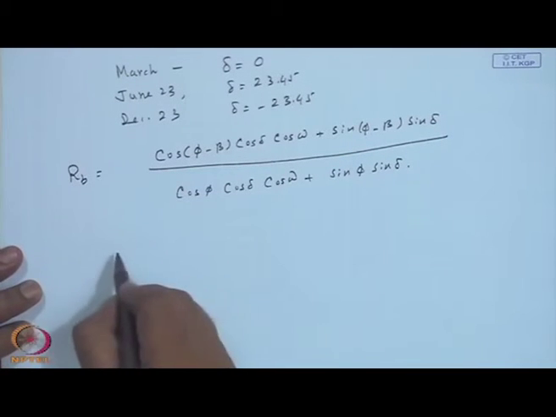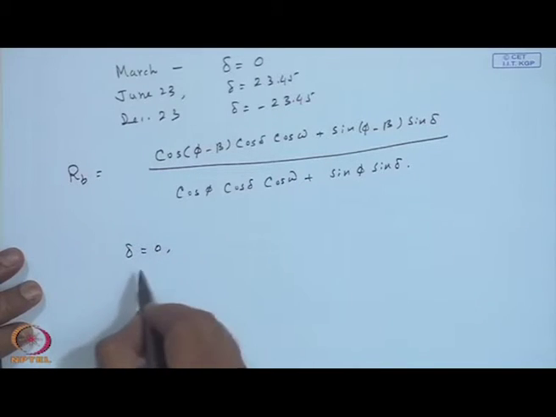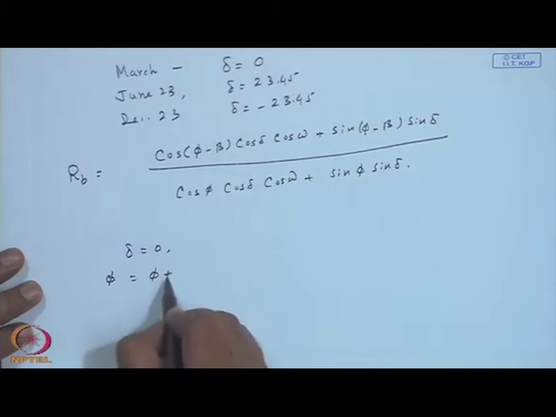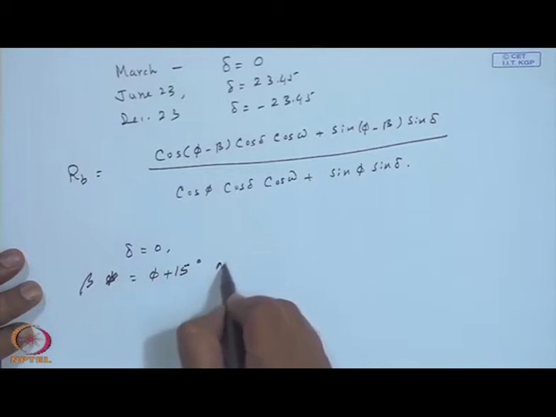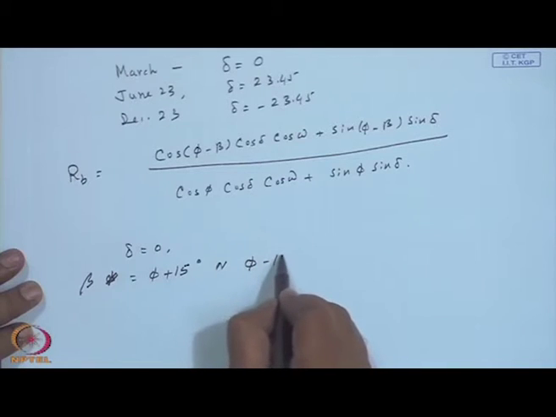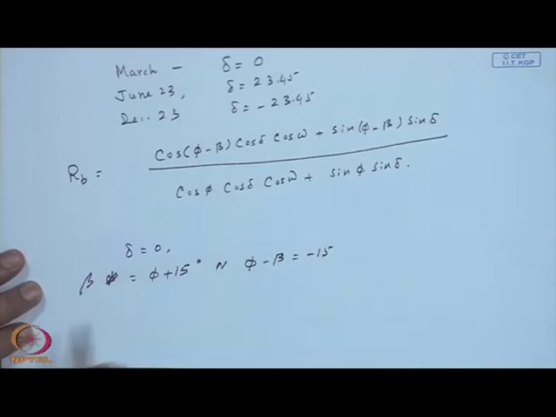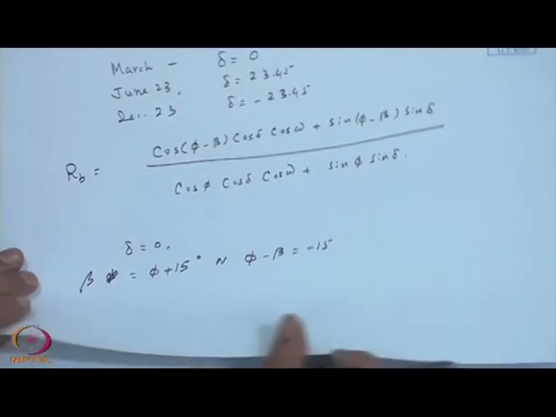So, for declination equal to 0 and beta equal to phi plus 15, or phi minus beta equal to minus 15. So, you will find that the slope is higher than the latitude.